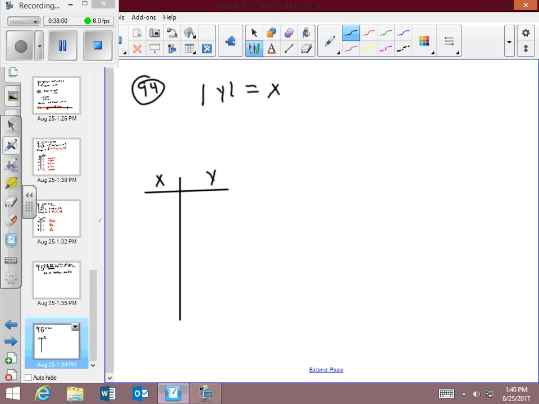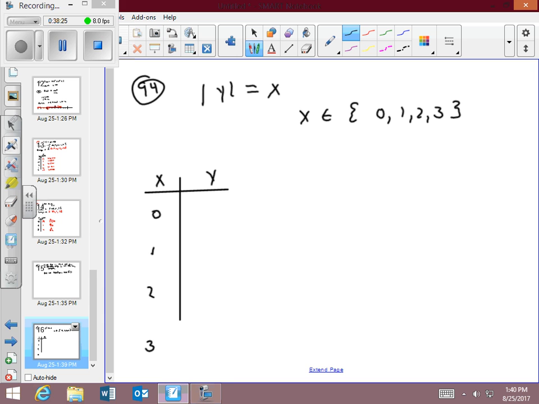And then it's saying that the domain is an element of this set, 0, 1, 2, and 3. So put in 0, 1, 2, and 3.